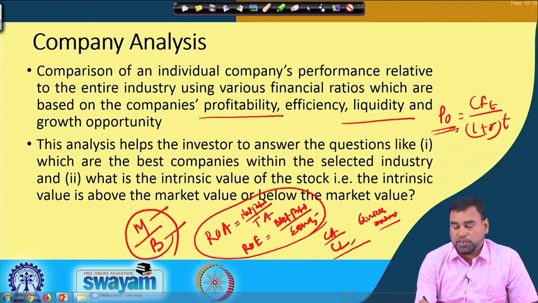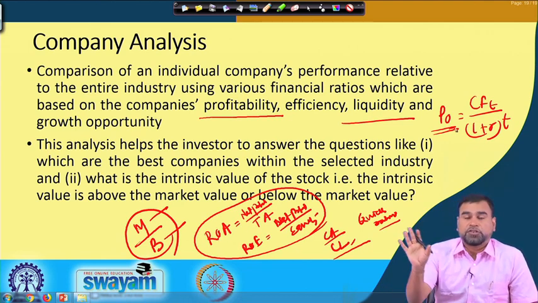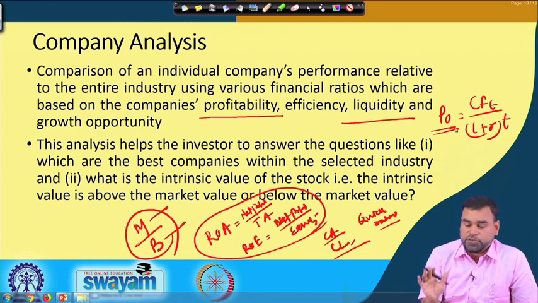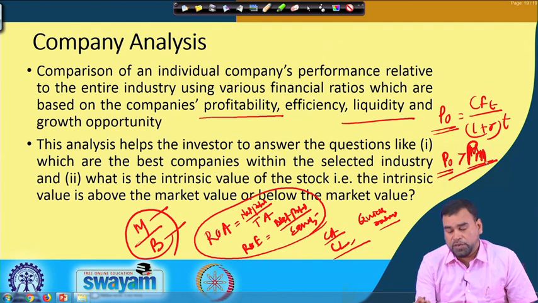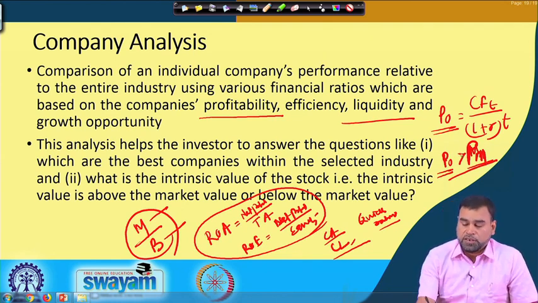Then we check whether the intrinsic value is above the market value, meaning the actual value which is happening due to the market forces. If the intrinsic value P0 is greater than PM, what does it mean? It means the market has undervalued this particular asset.